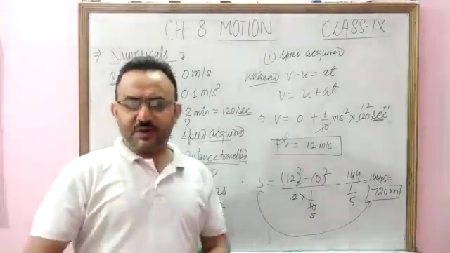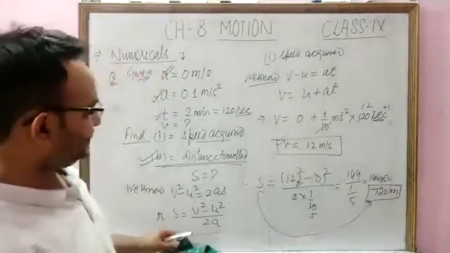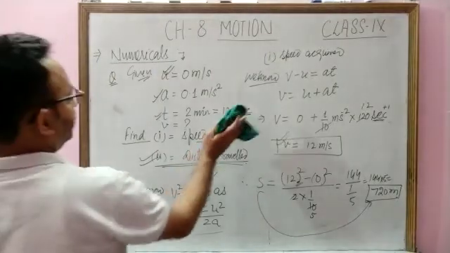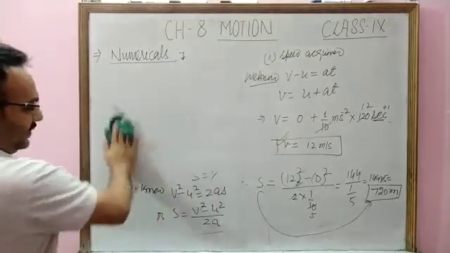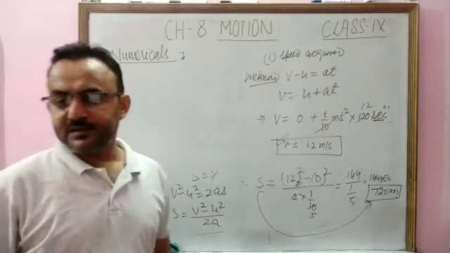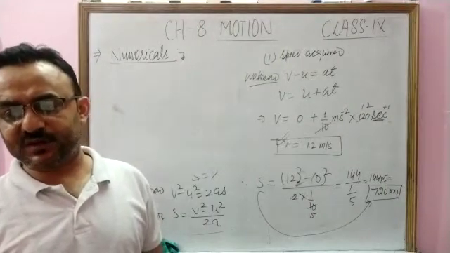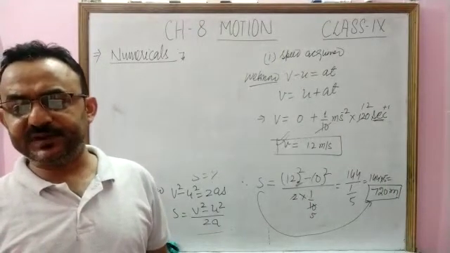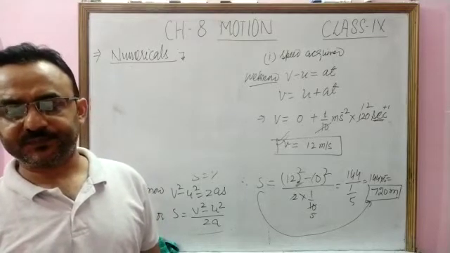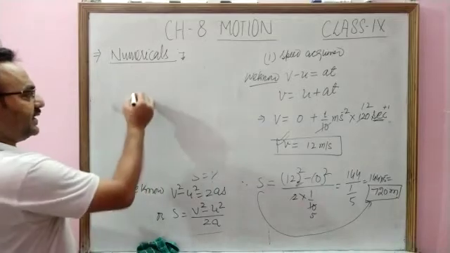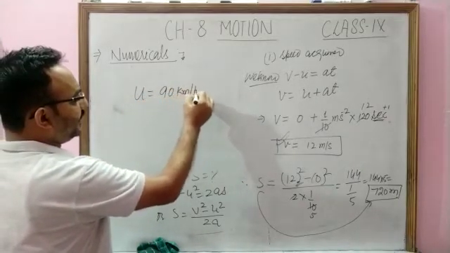Now, one more question you have to solve, as this is the question for the assignment. The question is: a train is traveling at a speed of 90 km per hour.